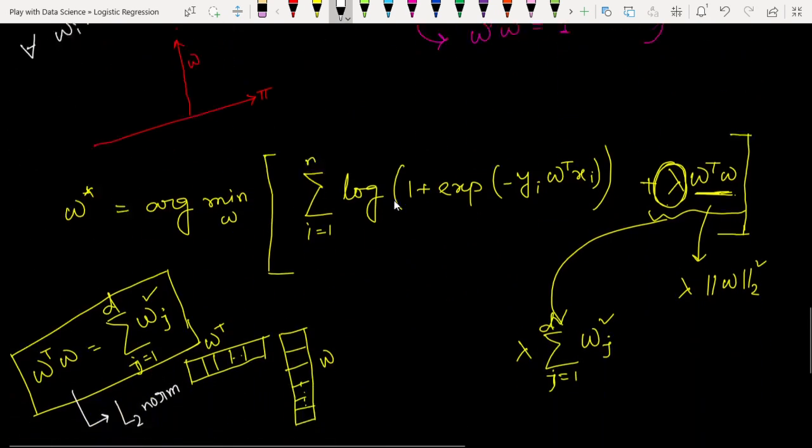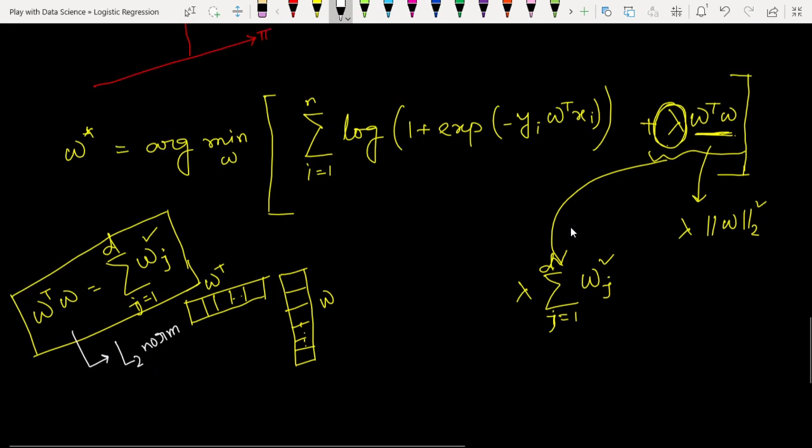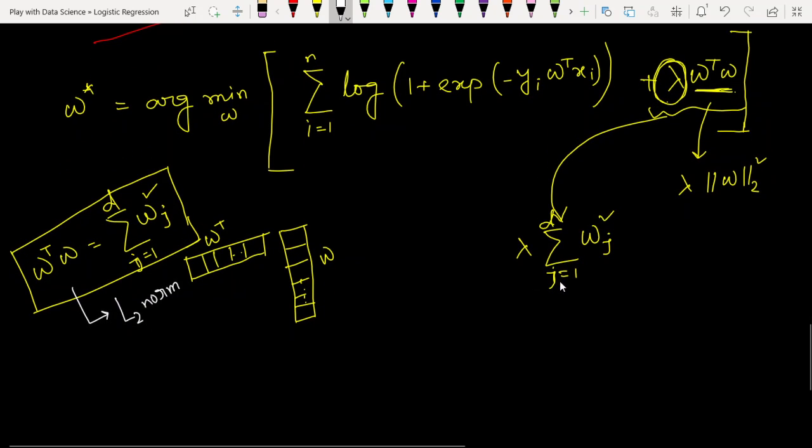Only because of this L2 norm do we call it the L2 norm regularizer.